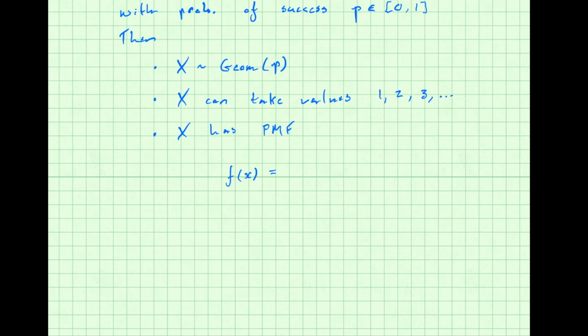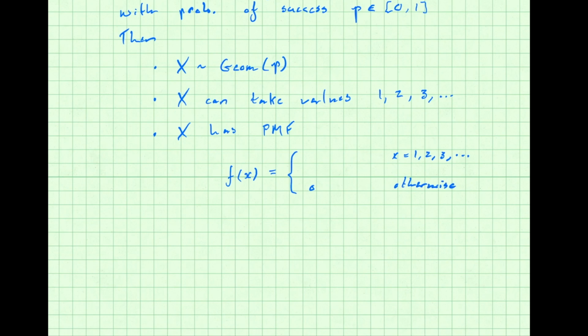So the PMF looks like this. We'll define it piecewise, of course. The way we've been doing this is a little bit pedantic, I think. If x takes on values of 1, 2, and 3, and so on, then it has some interesting formula. Otherwise, it's 0.